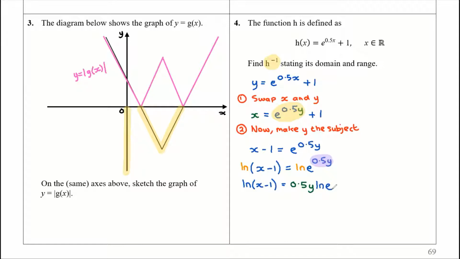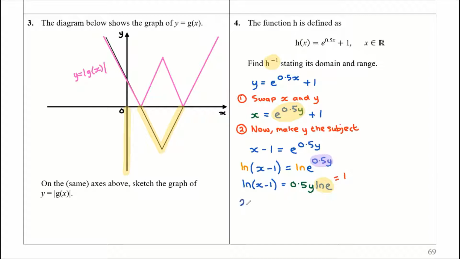And now we have another principle we can use, the natural log of e, which I hope you all know. If you don't know, you can just type it into your calculator, but this is just 1. They are inverse of each other. So now we have 0.5y. If we divide by 0.5, which is essentially the same as multiplying by 2, we get the following.